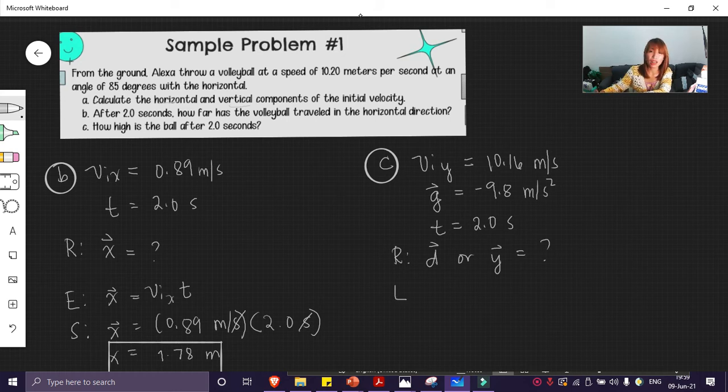Ang equation natin dito is equation number 2 of the kinematic equations, that is D is equal to VIT plus AT squared over 2. Since inahanap natin yung vertical displacement, we can change it to Y is equal to VIYT plus GT squared over 2.